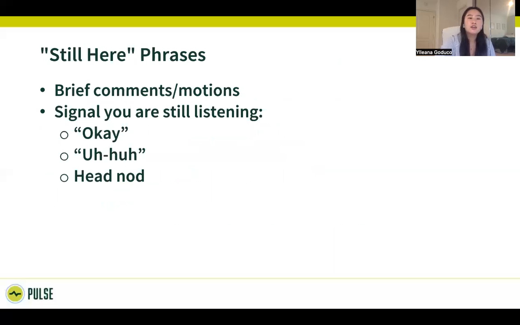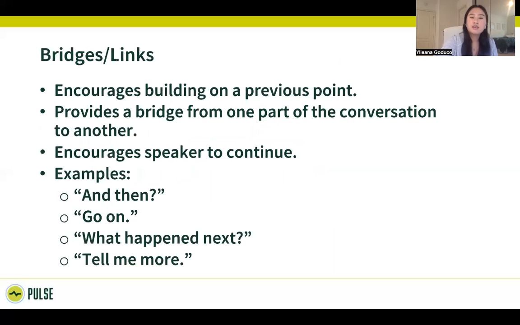Another aspect of being a peer educator listener simply means encouraging them to continue. Use hand motions, head nods, brief turns like "I hear you" to prompt the conversation forward. Aside from just nudging them forward with nods, you can also build conversation bridges.